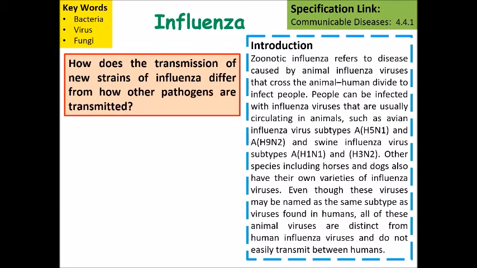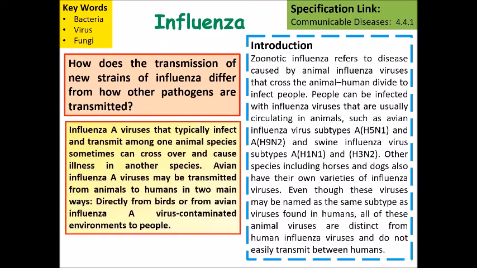And finally, how does the transmission of new strains of influenza differ from other pathogens that are transmitted? So, influenza A viruses typically infect and transmit among animal species, and sometimes can cross over from animal species to human species.